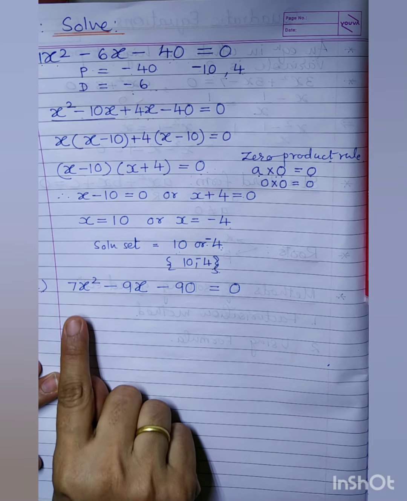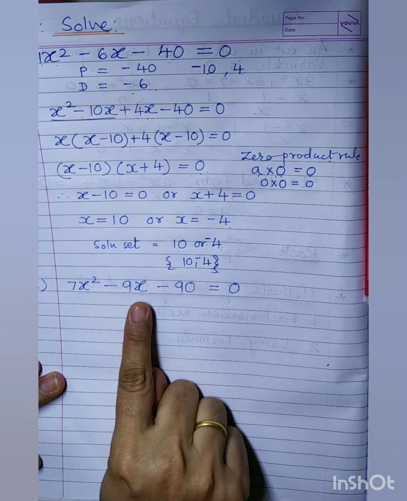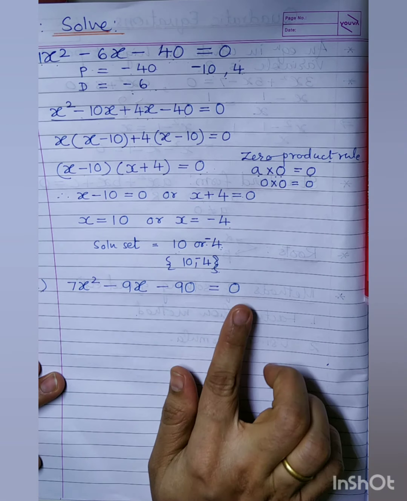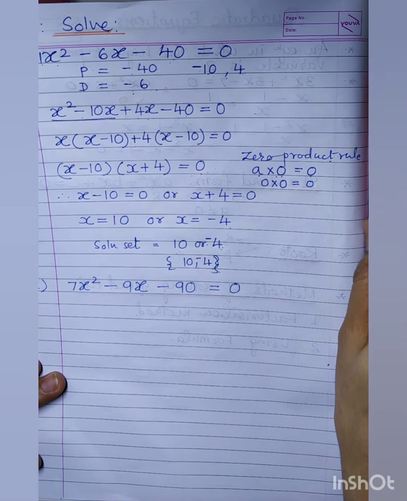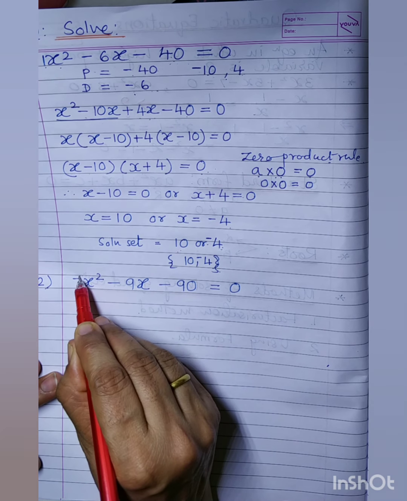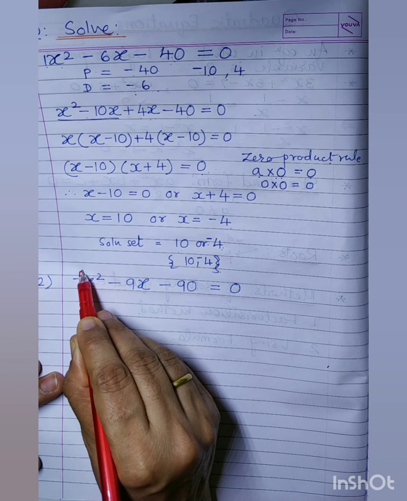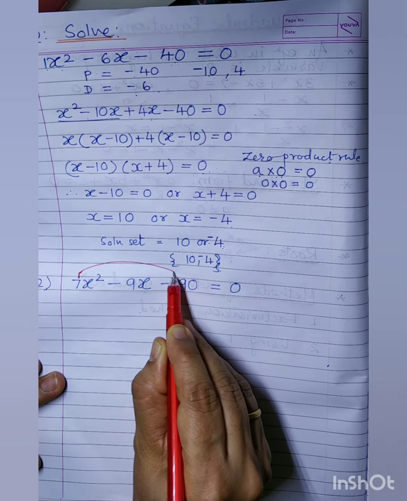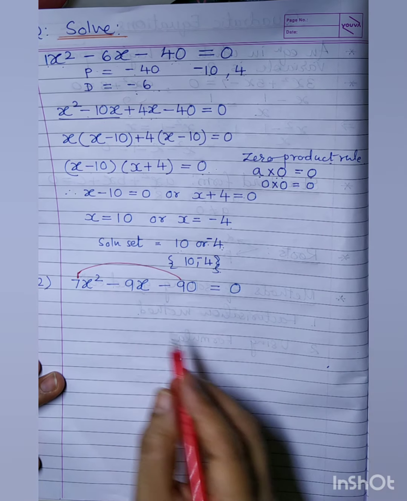See the next example. 7x square minus 9x minus 90 equal to 0 in standard form. Then again we need to find the product. So the coefficient of x square is 7 and the constant term is minus 90.